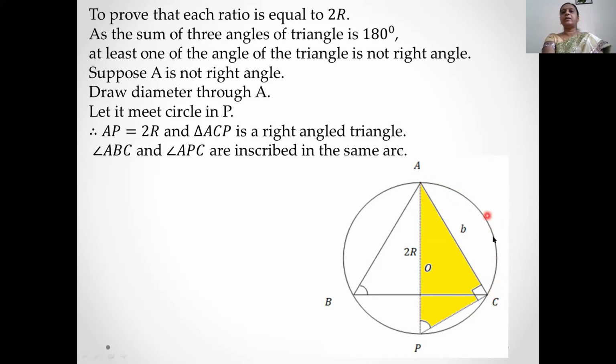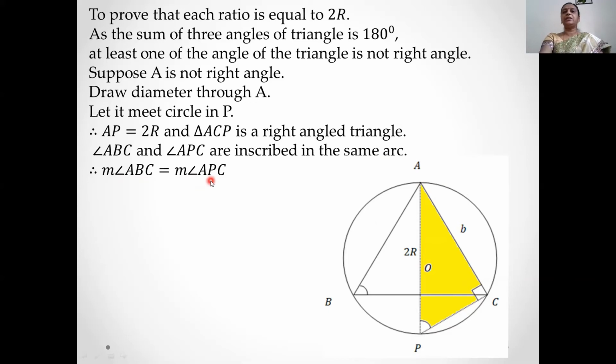You can simply say that angle B and angle P are subscribed in the same arc AC. Therefore, they are equal. Arc length is same, therefore these angles have the same measure. Therefore, you write down measure of angle ABC is equal to measure of angle APC. These are nothing but angle B and angle P.